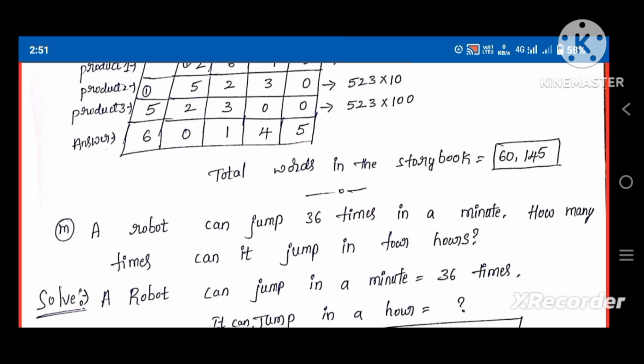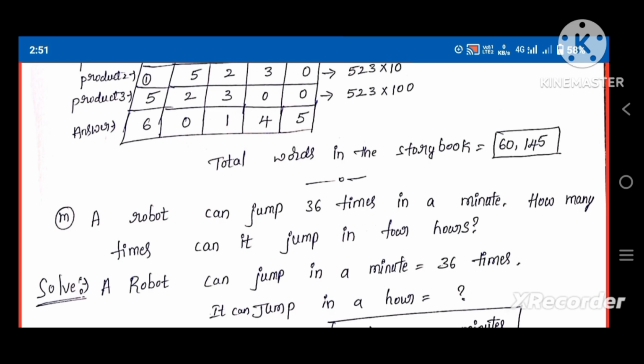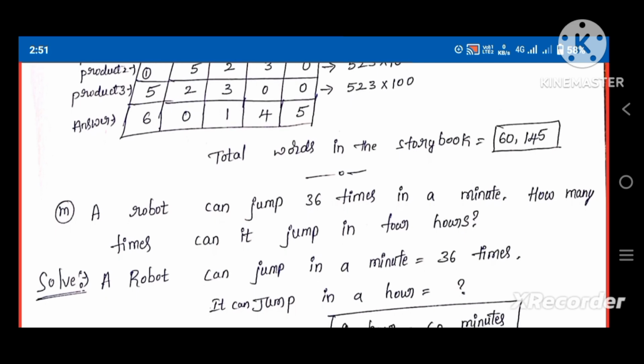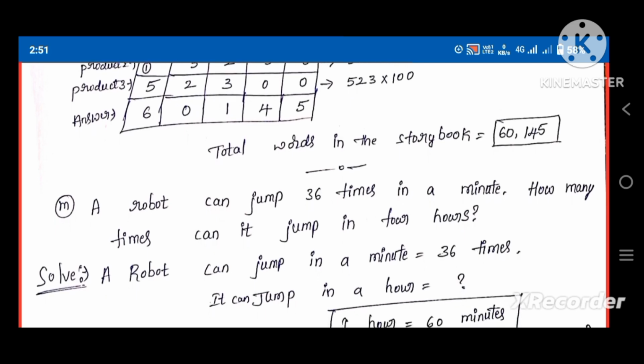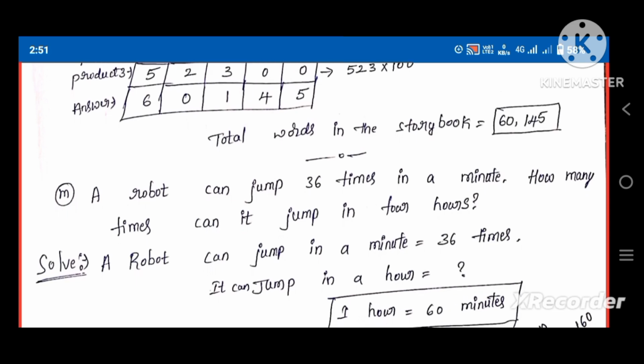Question number M. A robot can jump 36 times in a minute. How many times can it jump in 4 hours? Solve. A robot can jump in a minute is equal to 36 times. It can jump in an hour, we find. 1 hour is 60 minutes.